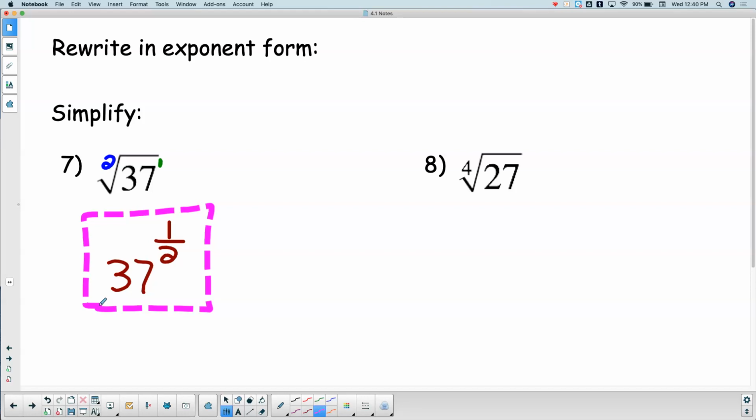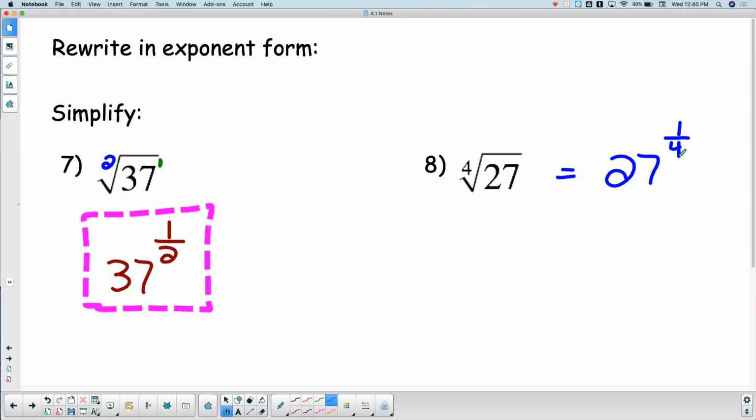Fourth root of 27. Do we all agree that this is 27 to the 1/4 power? Where have I seen 27 before today? It's not a cube root.